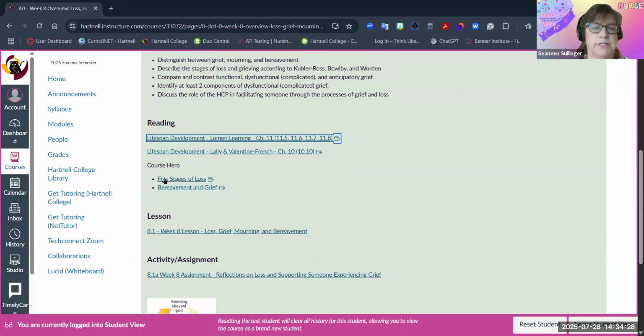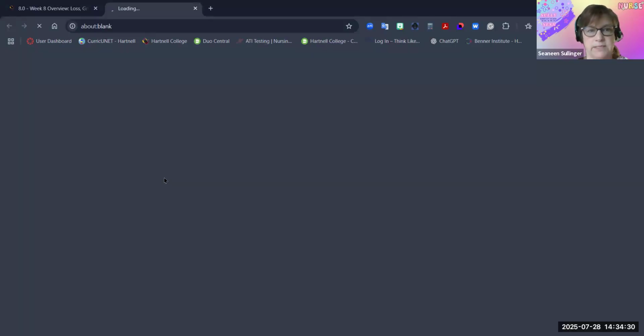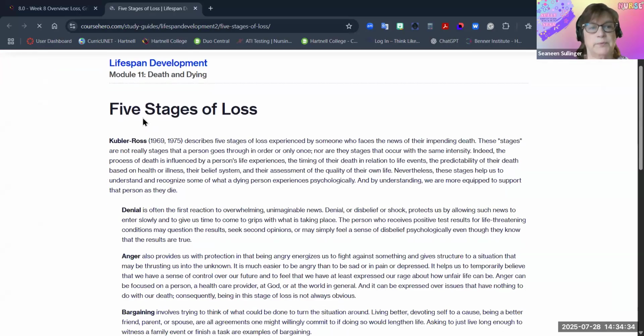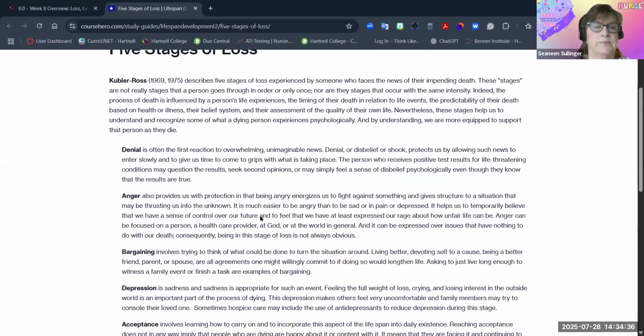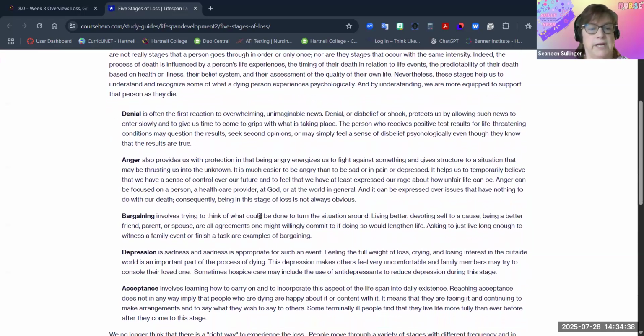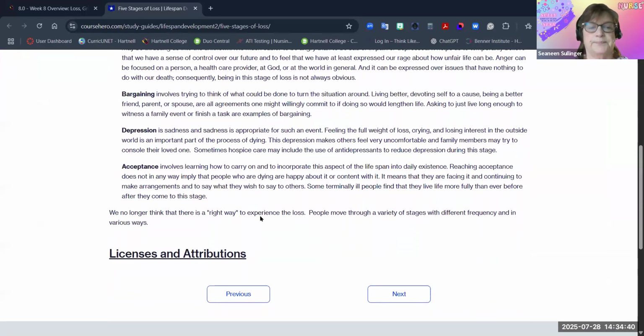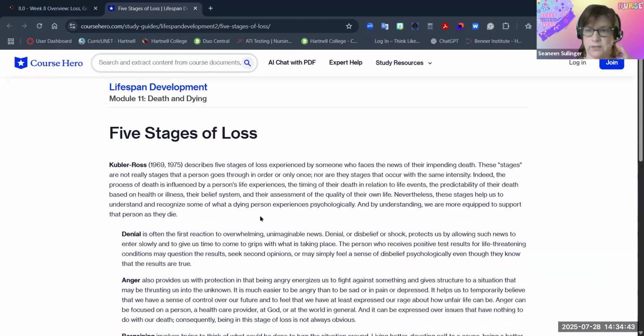And then Course Hero also has a couple lessons that I think are very pertinent to this one, 5 stages of loss, when we're talking about Kubler-Ross: denial, anger, bargaining, depression, and acceptance. And as I mentioned previously, it doesn't have to go in that particular order. Grief can switch it around.